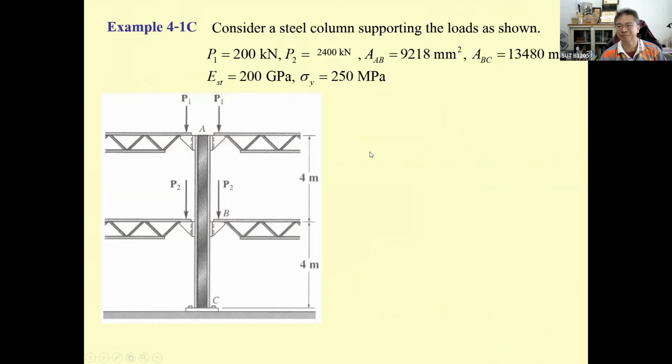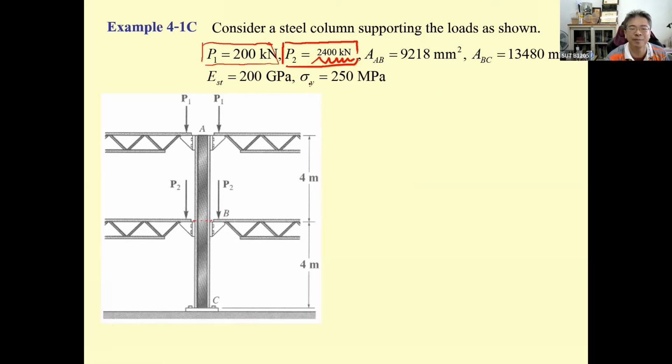And then we can go back to what we have from the previous chapter by increasing the load on P2. Imagine if this is a convenience store and you put too many products on this second floor, this force will produce the elastic behavior. But if this one is large like this, it will produce the plastic behavior.